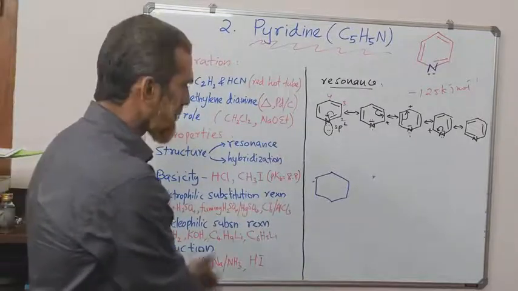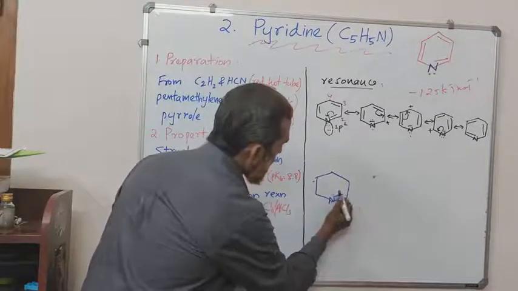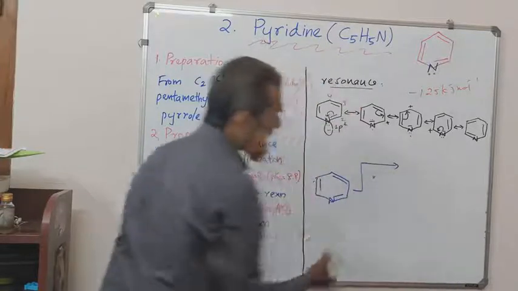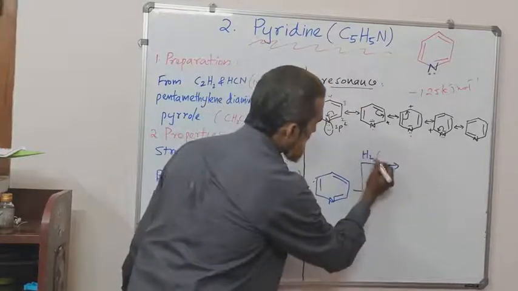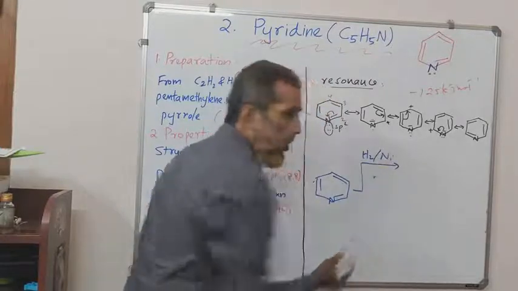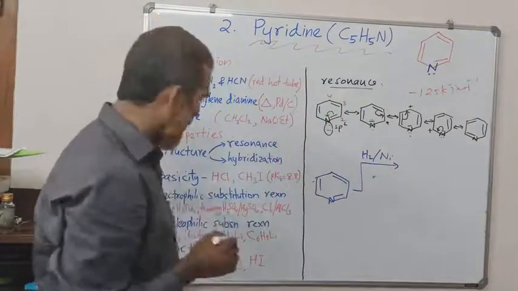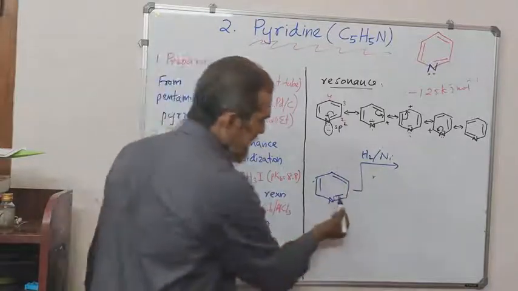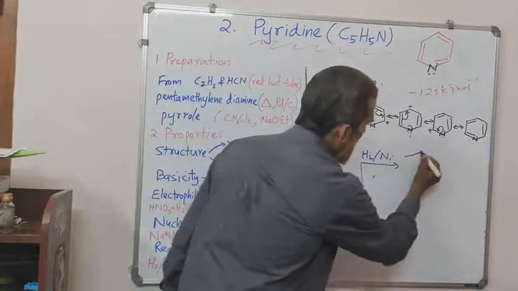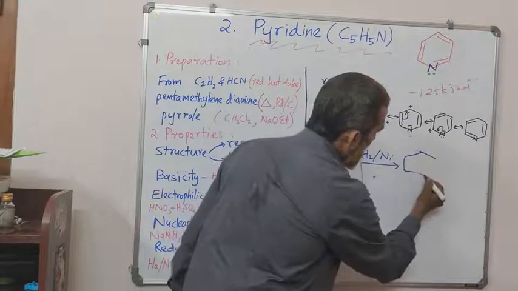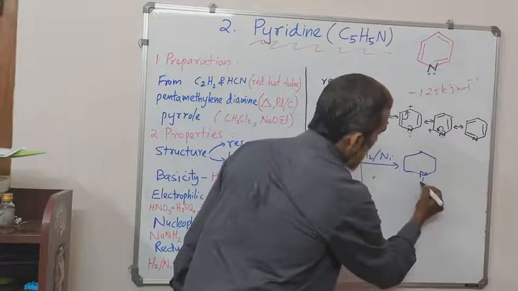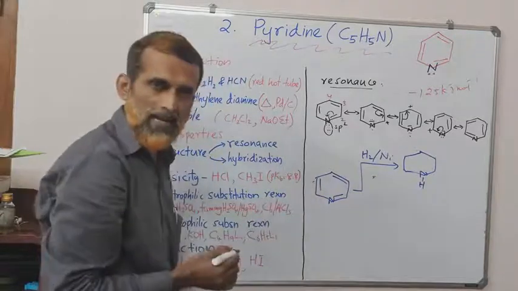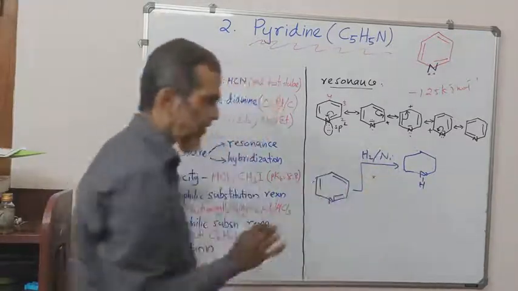If you are using a usual catalytic reduction using hydrogen in presence of nickel, or sodium in ethanol, etc., complete reduction takes place. Addition of 3 hydrogen giving what? You get this one, that is, I told you earlier, piperidine. All the pi bonds are broken.